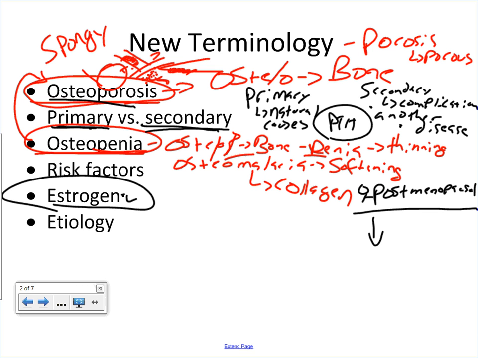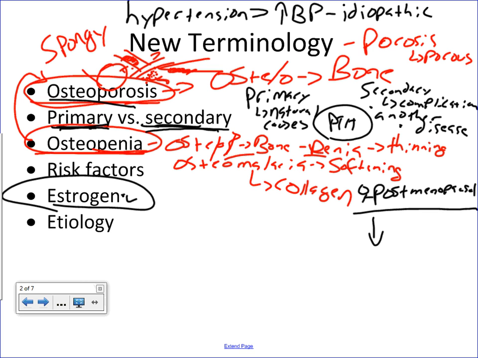Another very common example of the usage of primary and secondary is hypertension, otherwise known as high blood pressure. There's primary and there's secondary hypertension. Primary hypertension is what we would call idiopathic. Idio is Greek for idiot, pathic of disease.